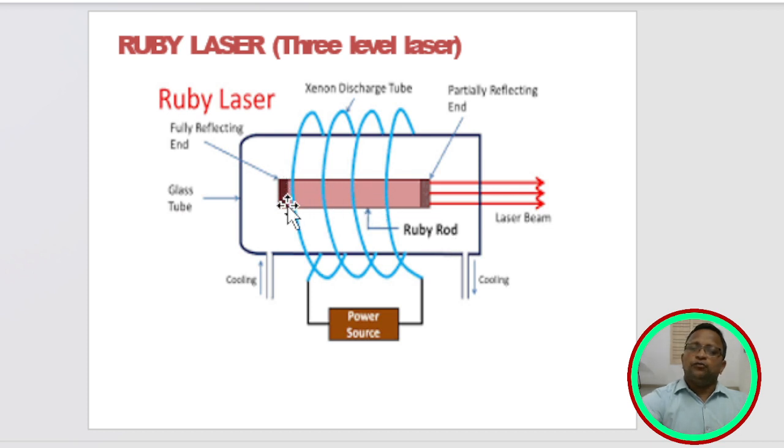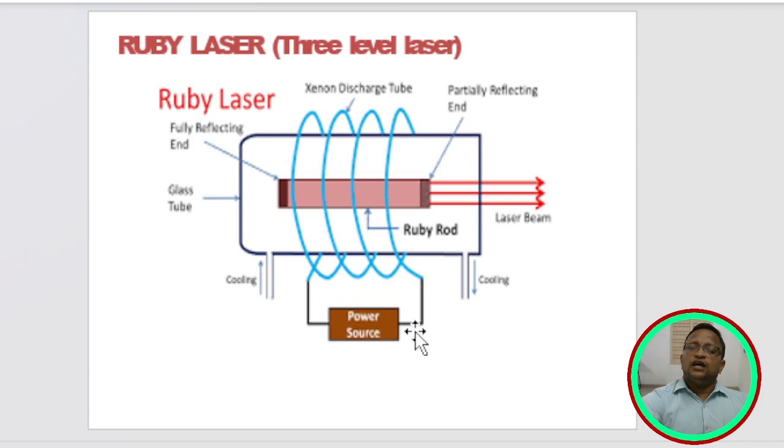One end of the ruby rod has a fully reflecting surface, and the other end has a partially reflecting surface. A helical xenon discharge tube surrounds the ruby rod.